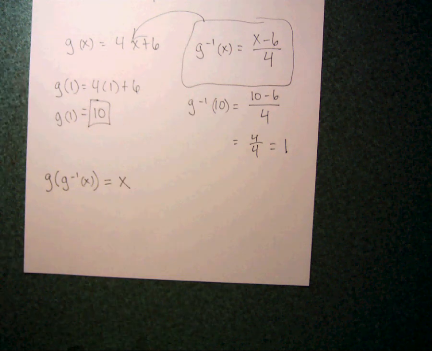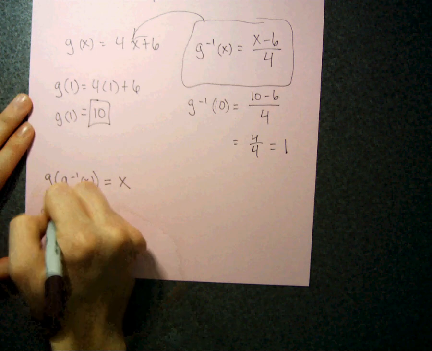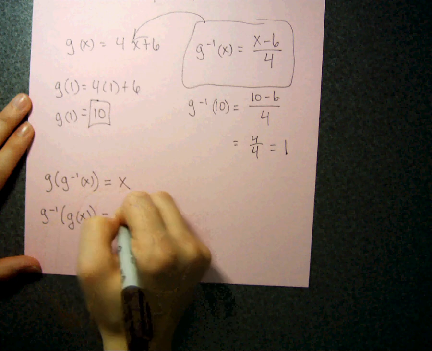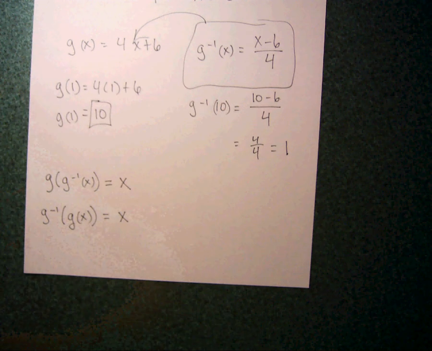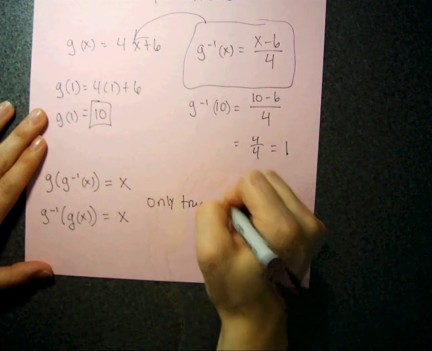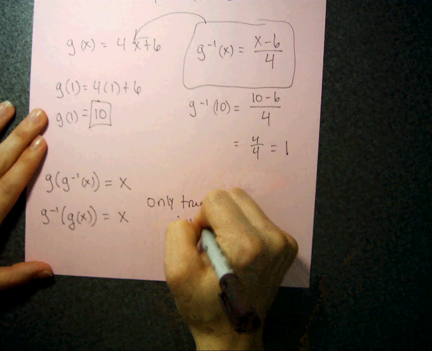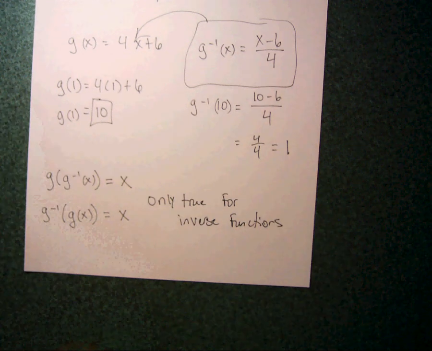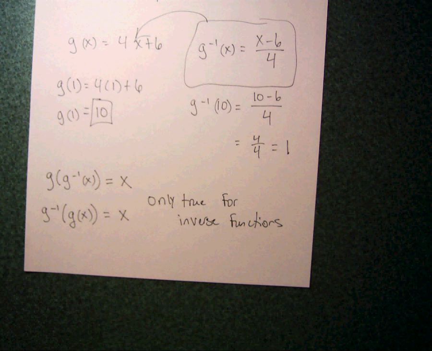Likewise, if I do the opposite direction, if I take g inverse and plug in g, then I'll get x back out. Okay, this is only true for inverse functions. So if I have two functions and I want to know for certain that they are inverses of each other, I'll compose them. If I get x back out, then I know they're inverses. If I don't get x back out, then they are not inverses.